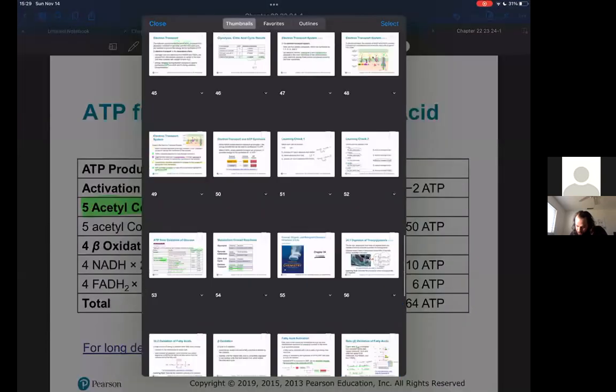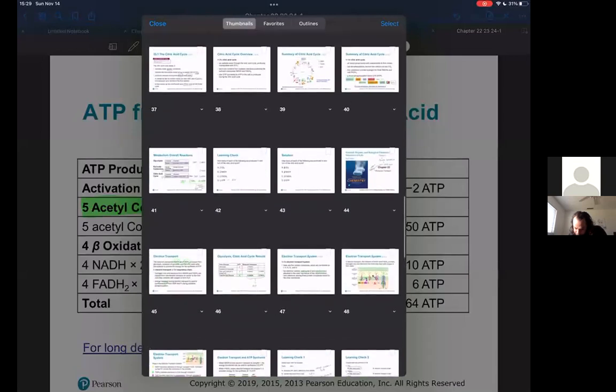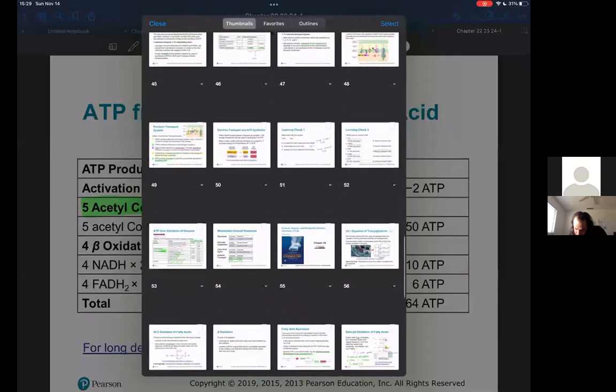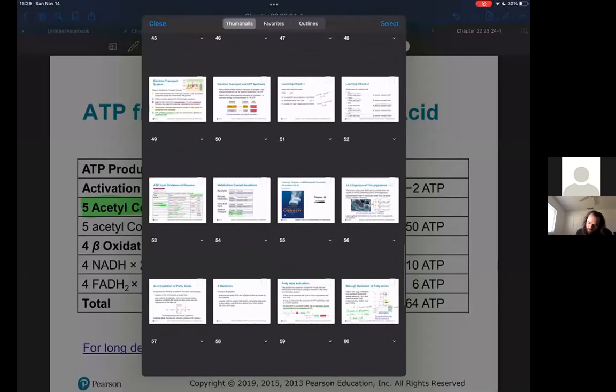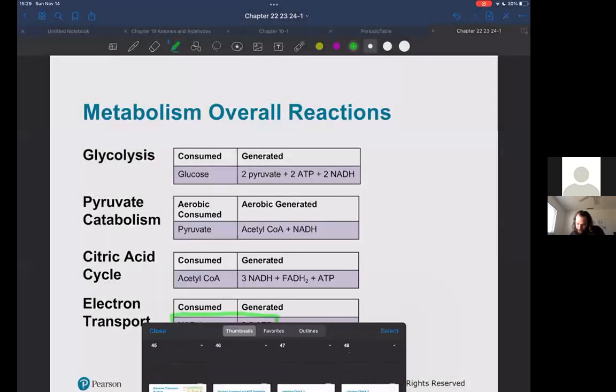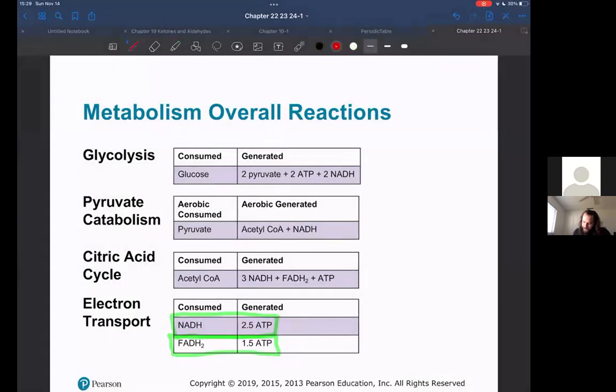Let's actually make sure that we can see how that would be. Right, so in our citric acid cycle, acetyl-CoA generated 3 NADHs and 1 FADH2 plus 1 direct output of 1 ATP.